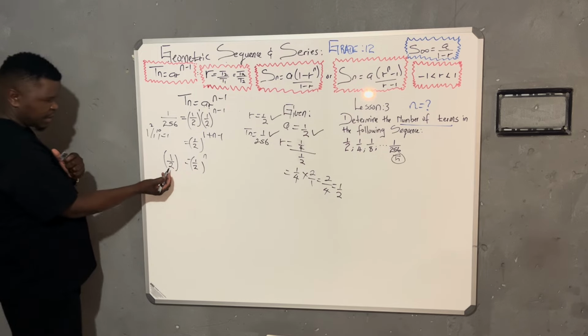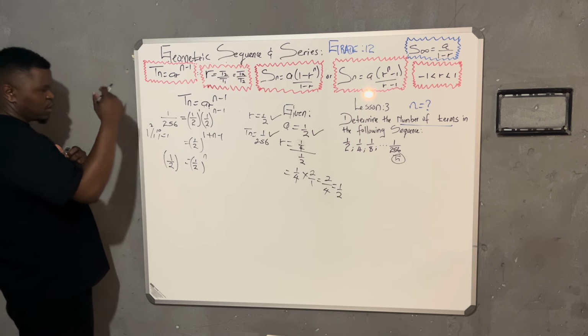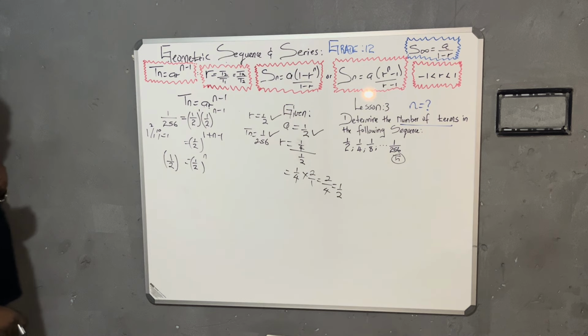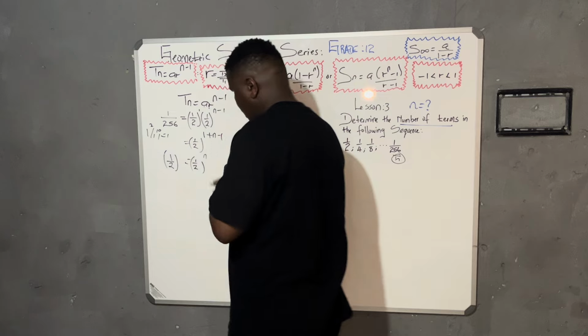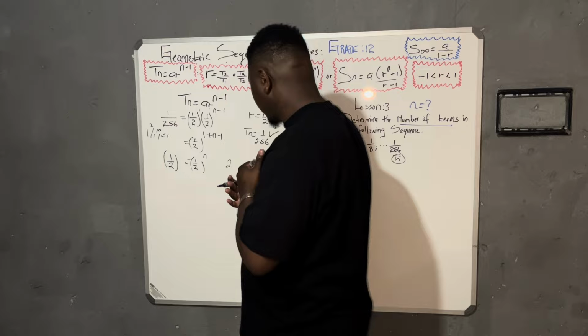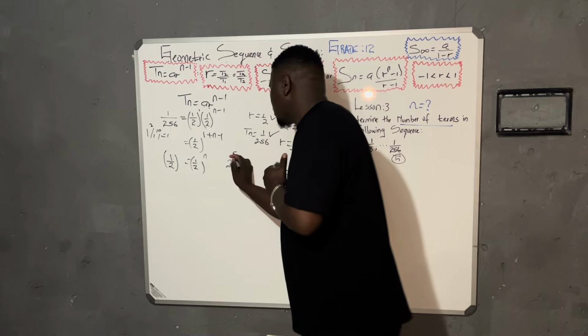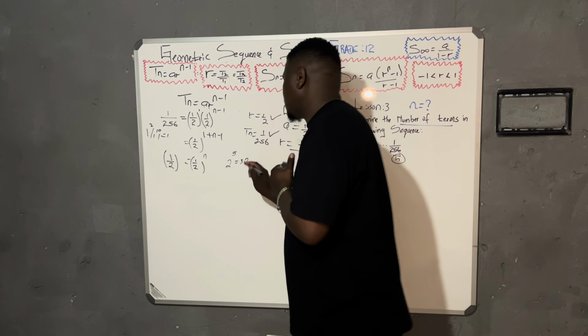But now let me check what is the exponential form of 256? It has to be 2 to the power something. I don't have a calculator nearby, so I'm trying to get one to work on that. But let's say we do whatever comes first to your mind. 2 to the power 5 is 32.